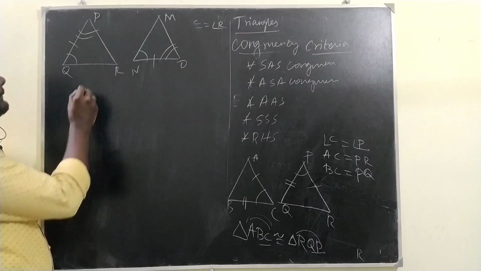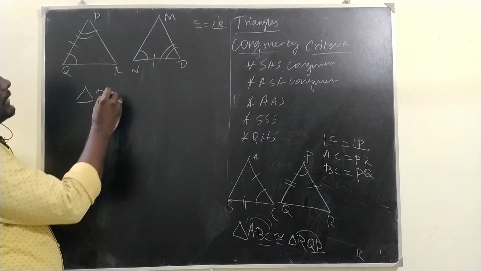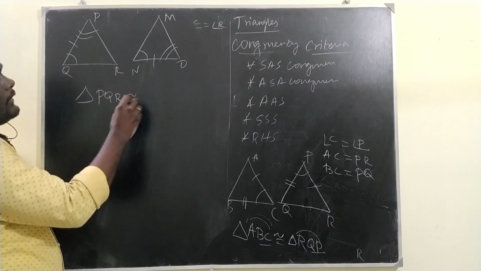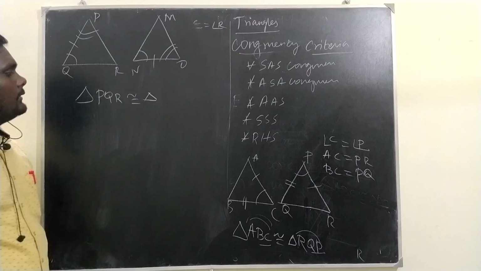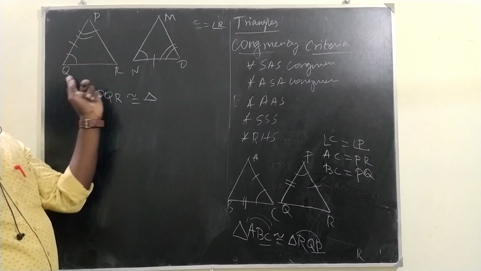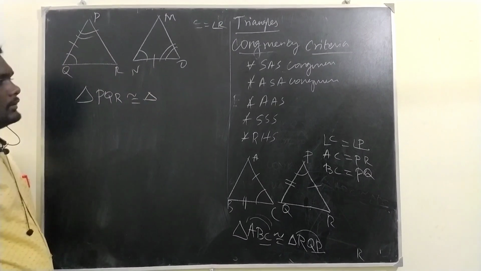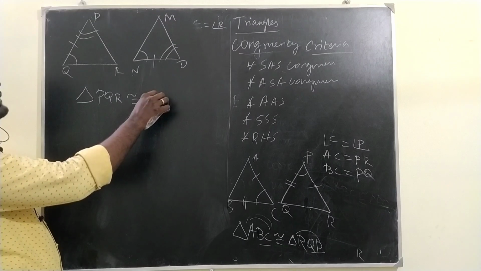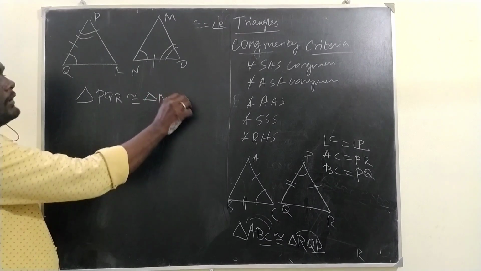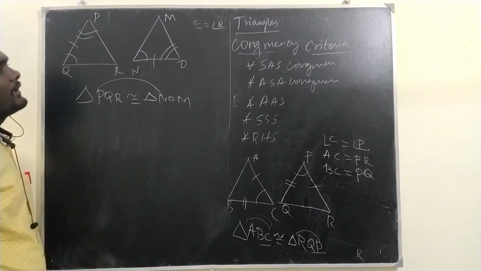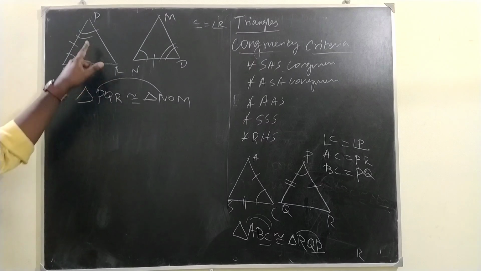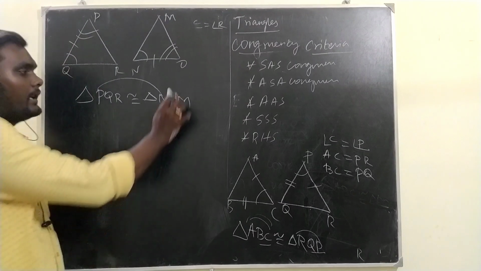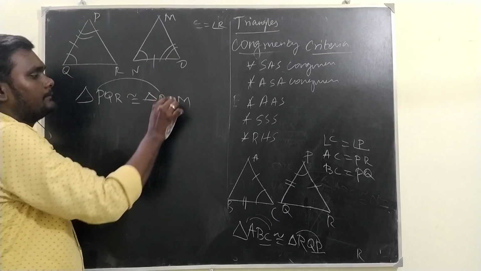Then how can we say triangle PQR is congruent to triangle, you see, PQ equals NO. So we can write NOM, but before that we have to make sure whether P equals N or not. No. So ONM, Onam, happy Onam.